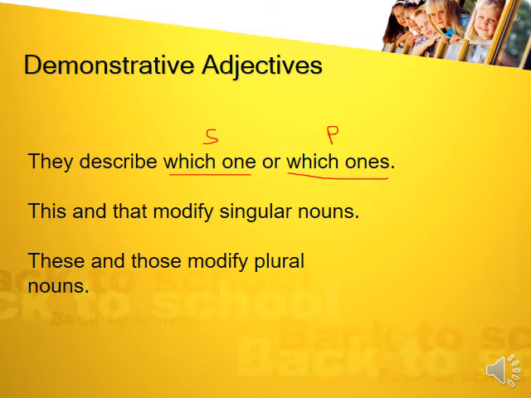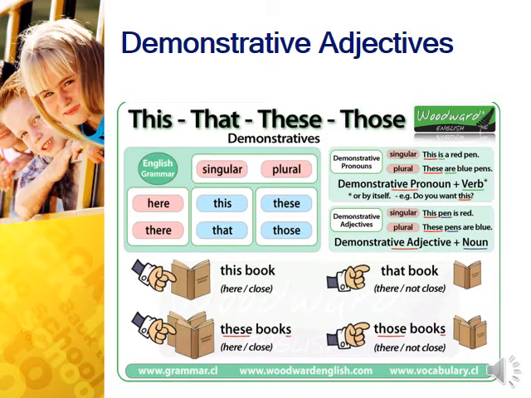Let's look at the singular and the plural. This and that modify singular nouns, so they are singular demonstrative adjectives. And these and those modify plural nouns.